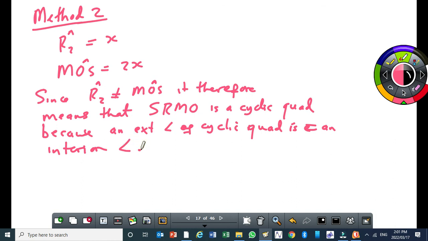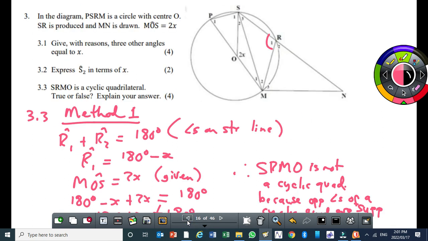I also need you to be aware that since we say true or false here, maybe we should write somewhere that it's false. How did you answer that part? You said false. Did you give a reason? Maybe you say false somewhere. So this is false.